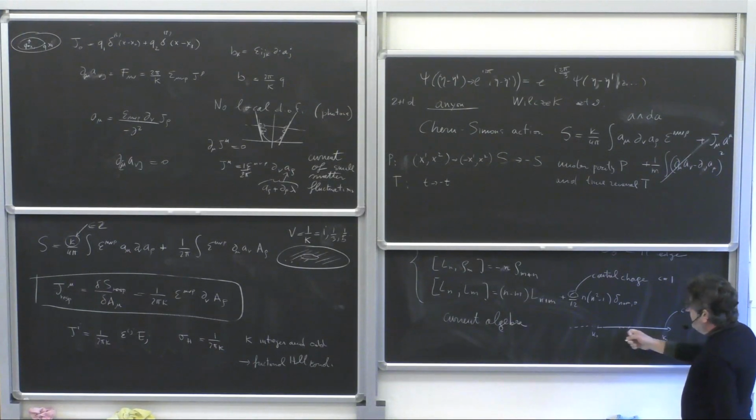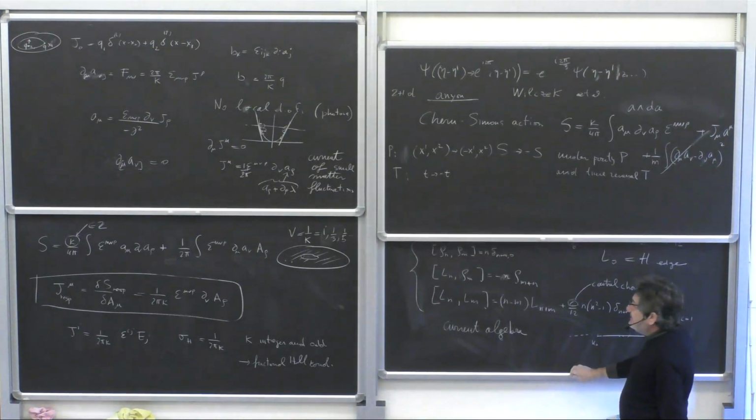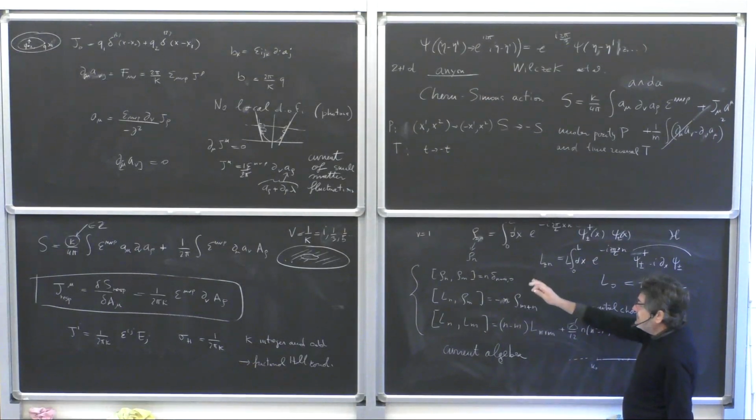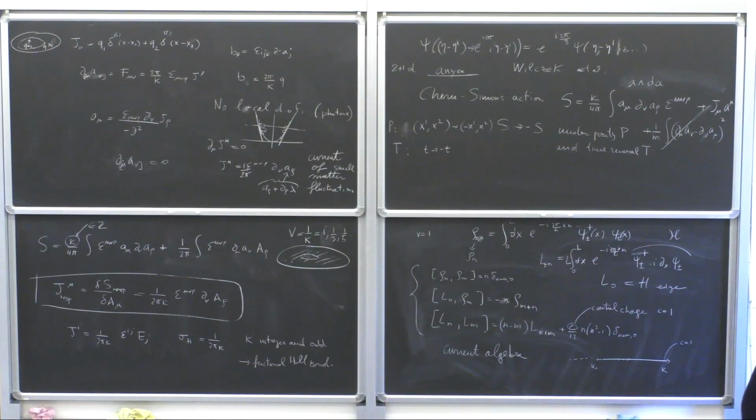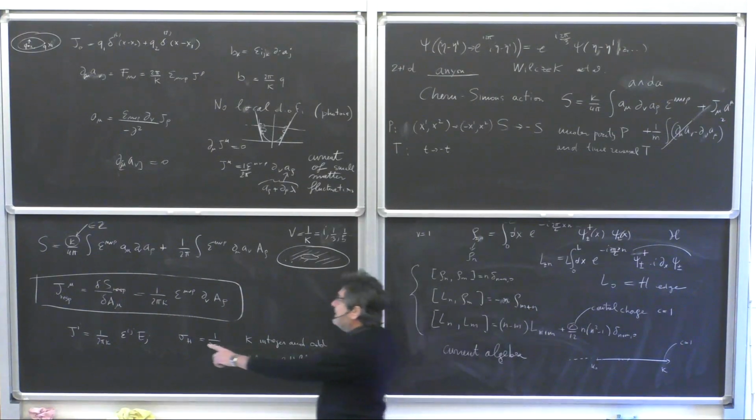All theories in this line, they obey the same. They have the same properties. What changes are the eigenvalues, the values that the quantum numbers of these excitations can have. In particular, this k parameter can be put in relation with the parameter k that I introduced here.